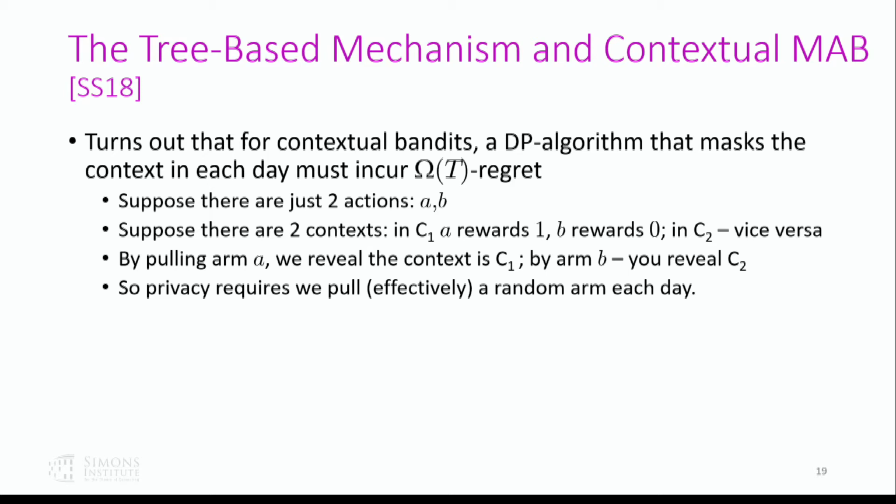And there's another context that's the opposite thing. Reward of arm B is now 1, of arm A is 0. If I have to pull an arm and mask the context, I have to treat these two contexts as equally likely to appear. I have to effectively play randomized response and pull each arm with probability at least a third.